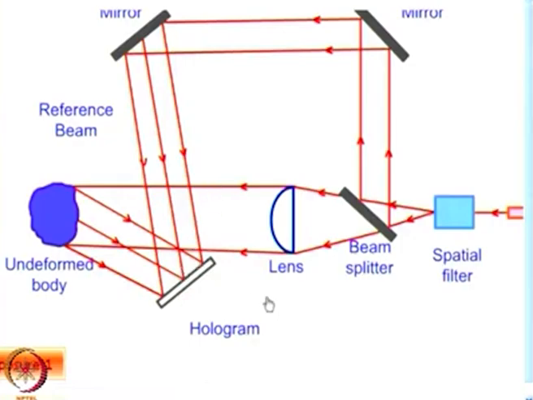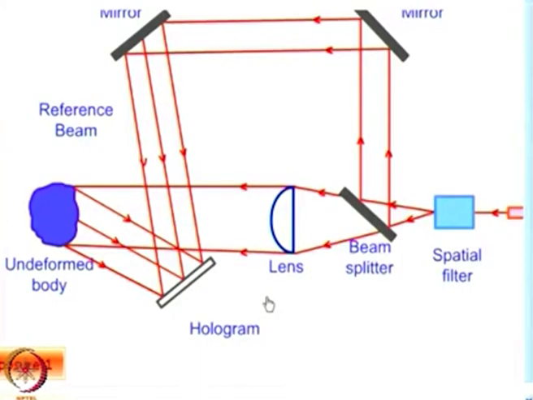For the purpose of understanding, I have shown how the reference beam falls on the hologram and how the light reflected from the object falls on the holographic plate. After you develop the holographic plate, it becomes a hologram. You can see the hologram.